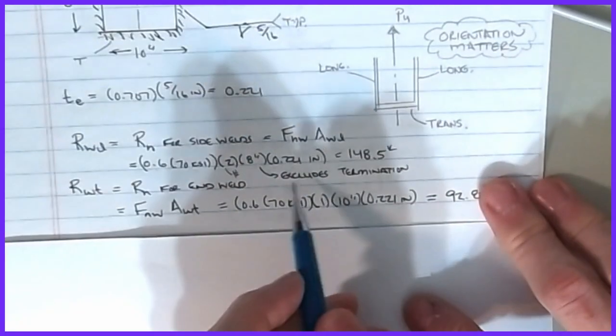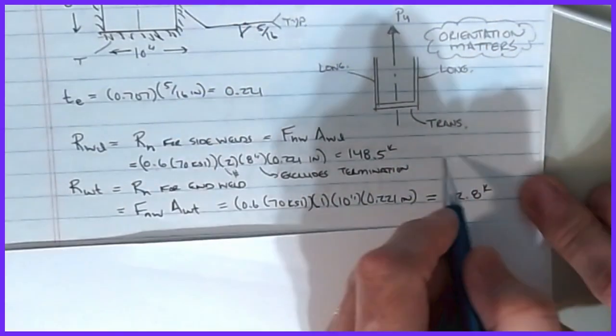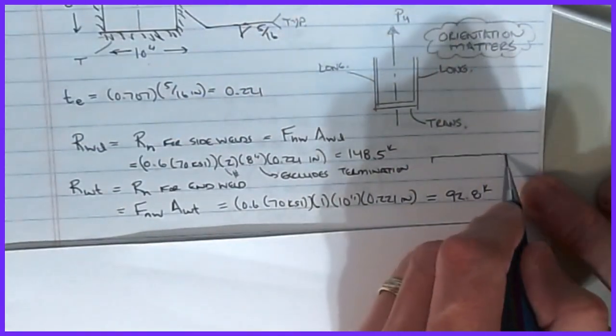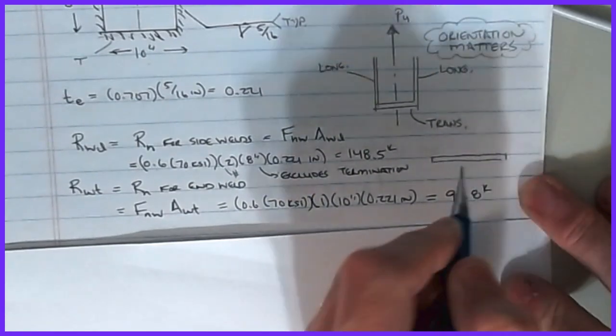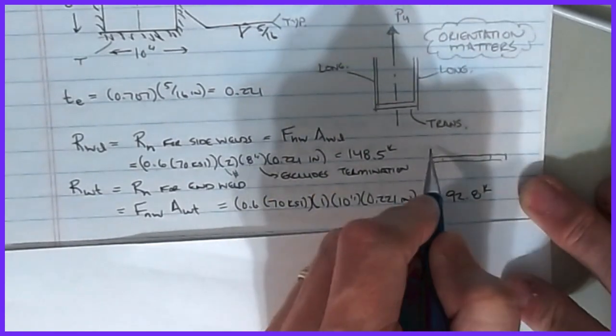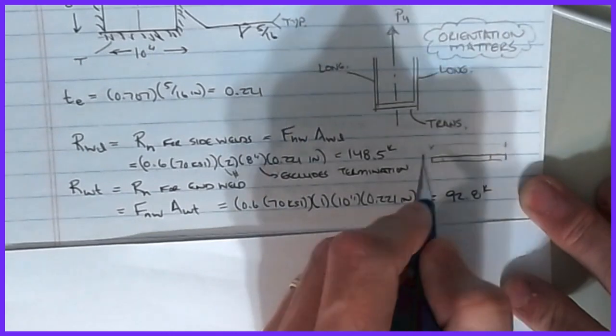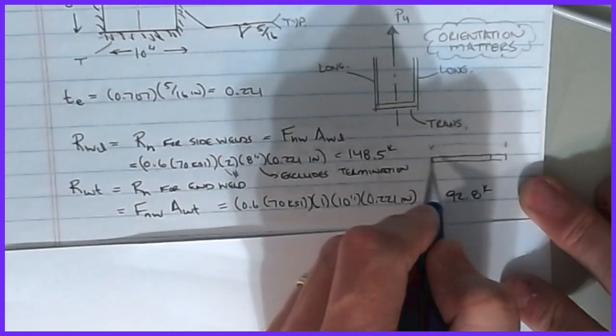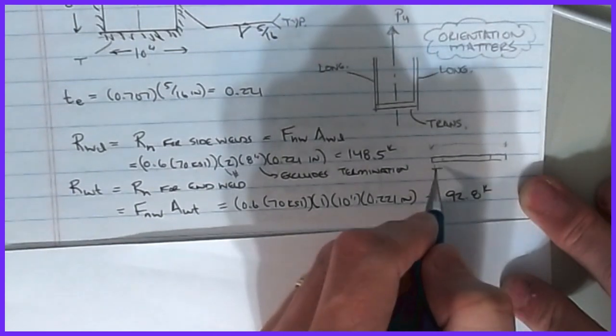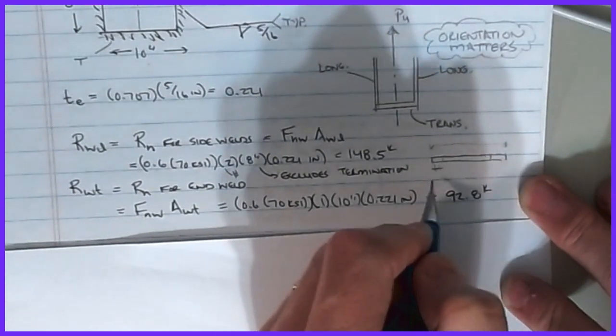Now, this does exclude terminations, because one of the factors we haven't really talked about on really short welds is that in the process of laying down a weld of some length L, when you first start, you get a lot of splattering and sputtering, and the first amount of weld at the end is generally not good quality.